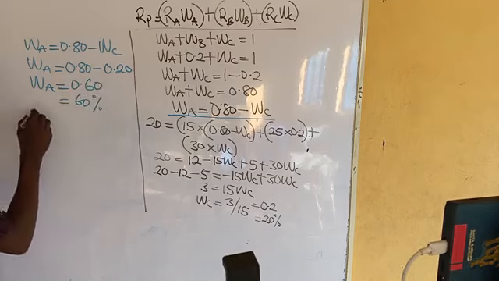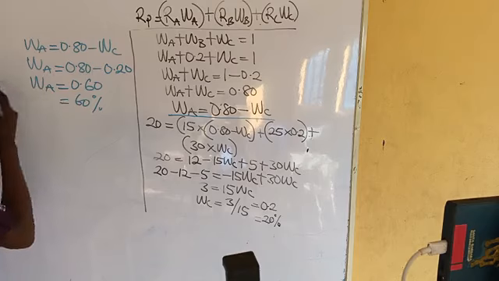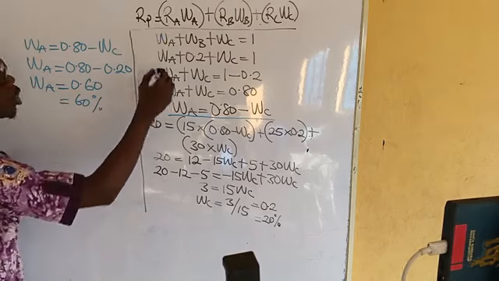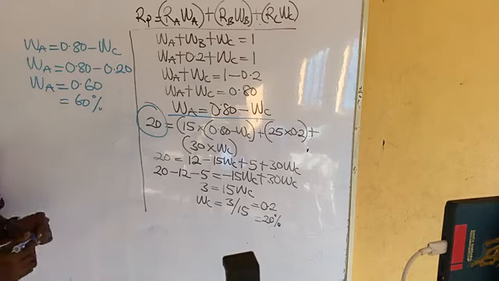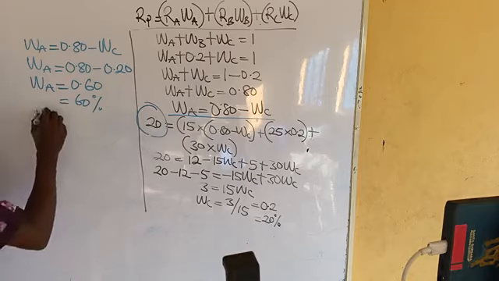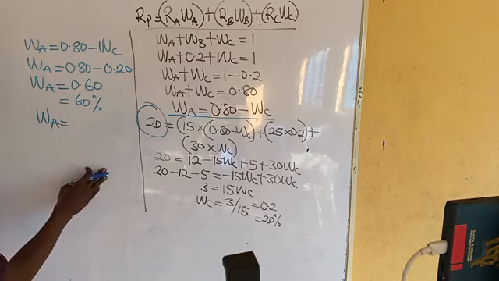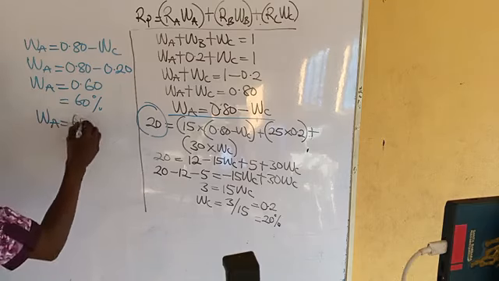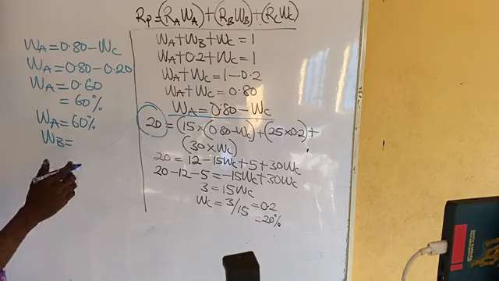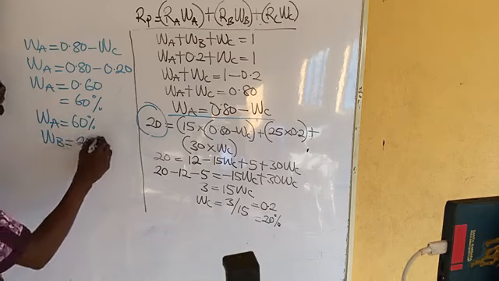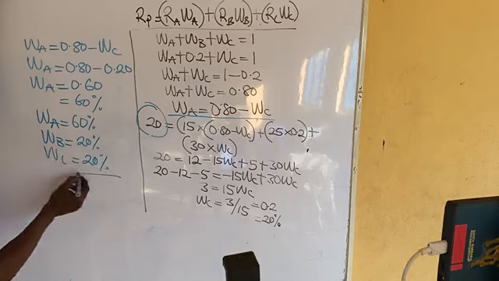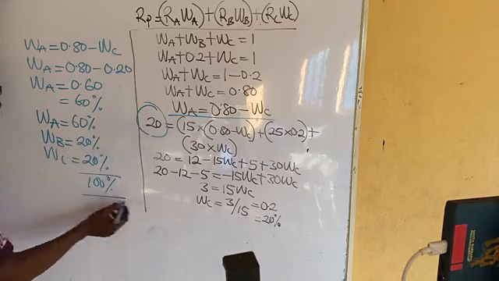Look at it now. So to get the expected return on the portfolio of 20%, we need to invest 60% in A, 20% in B, and 20% in C. So when you add it together, you have 100%, and that's 1.